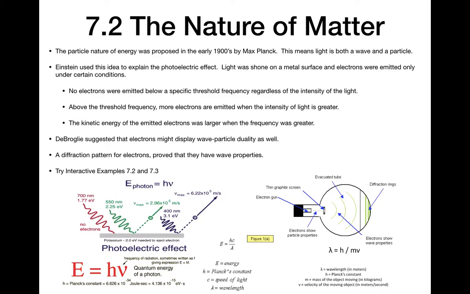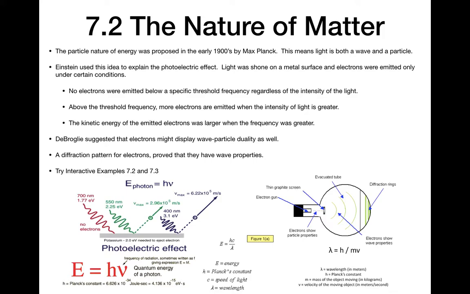Einstein quickly picked up on Max Planck's work on the particle nature of energy and used his idea to explain the photoelectric effect. The photoelectric effect deals with light shining on metal surfaces and causing electrons on the surface of the metal to gain enough energy to escape and be emitted.